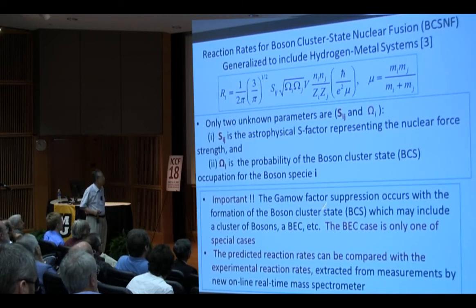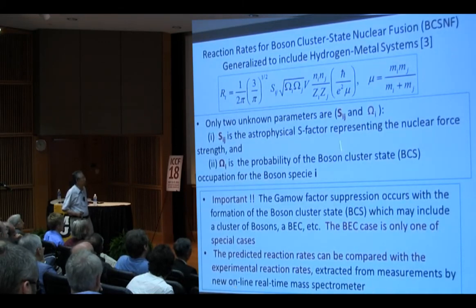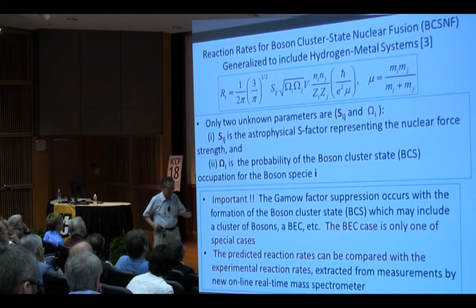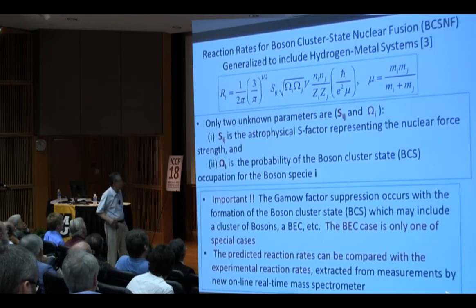So this is a very useful formula, and as the Fukuoka group starts creating data, like using a new online real-time mass spectrometer, the first thing we will do is compare with this formula, see how they compare, and more importantly, how relatively different reactions come out of this formula compared to experiment.